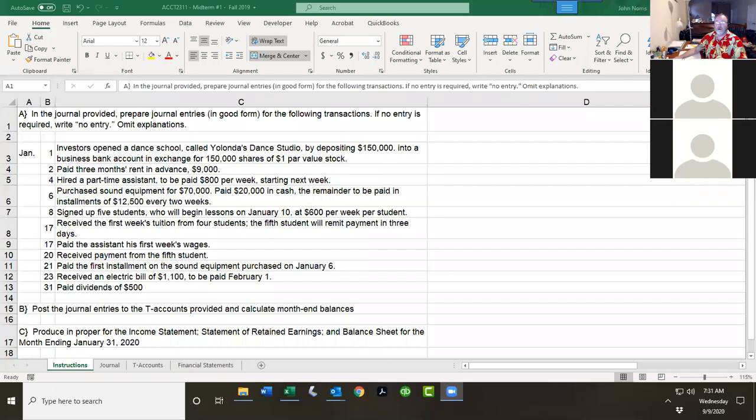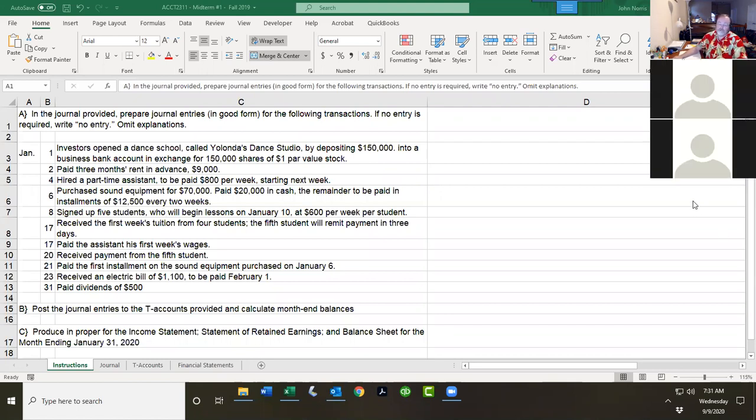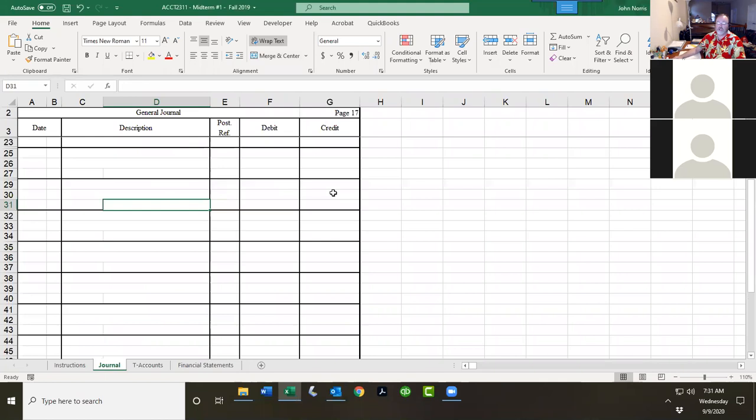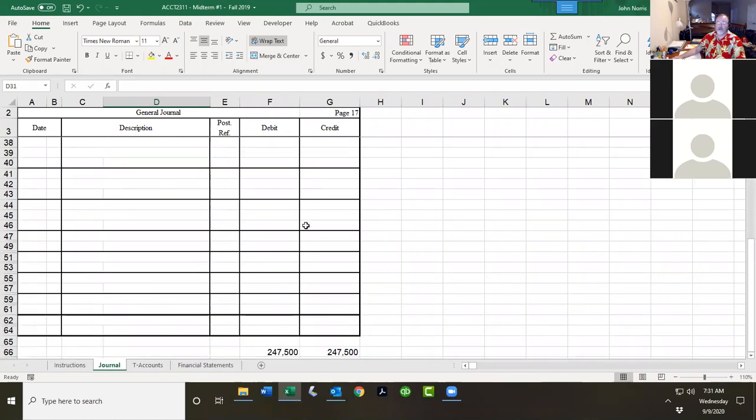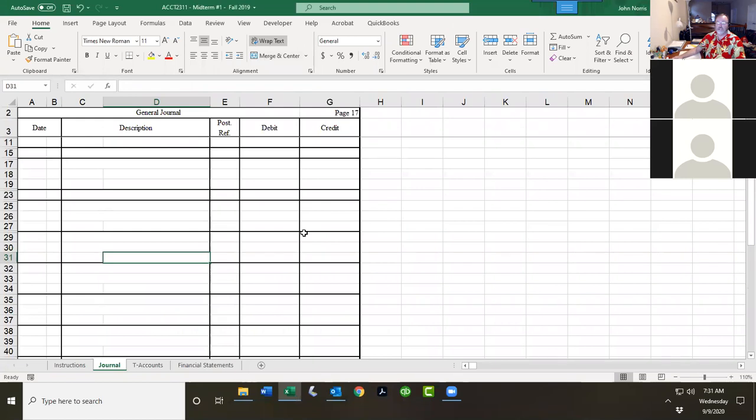All right, so you should be able to see the midterm here. The midterm problem is a series of transactions. I'm going to give you a journal page like this for you to record the transactions.